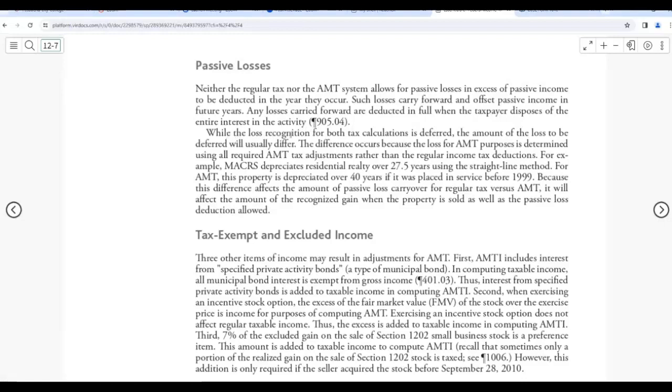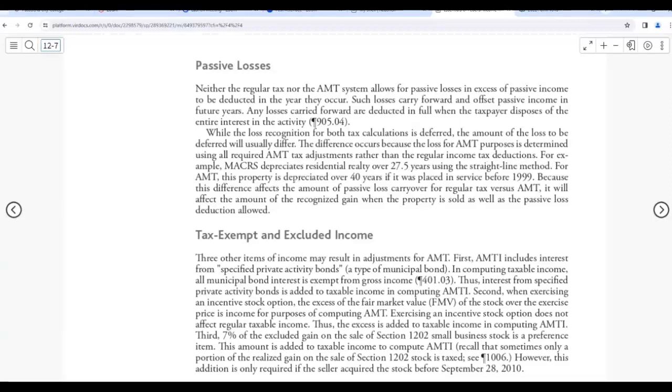Okay, why is the loss recognition deferred for both tax calculations? The amount of the loss to be deferred will usually differ. The difference occurs because the loss for AMT purposes is determined using the required AMT tax adjustments rather than regular income tax deductions. For example, a taxpayer depreciates residential realty over 27.5 years using the straight-line method.